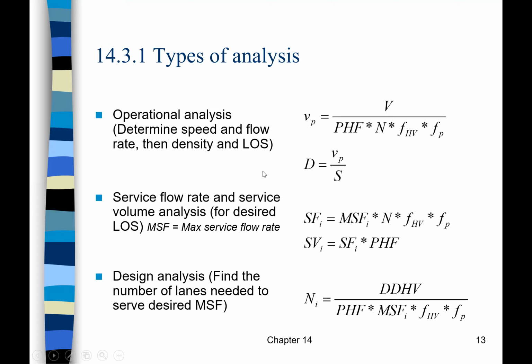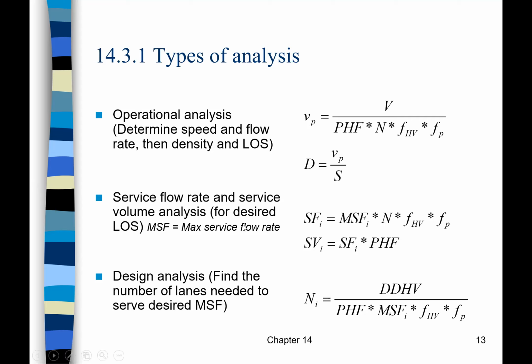There are three types of analysis. First is operation analysis. Second is the flow rate analysis. And the third is the design analysis. The first one is mostly to determine the existing condition of facilities.